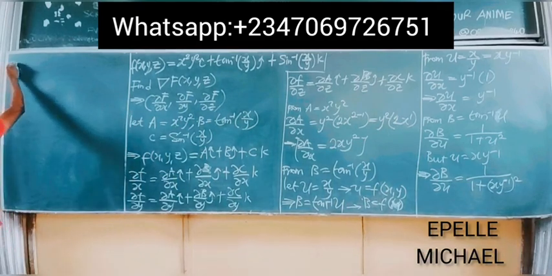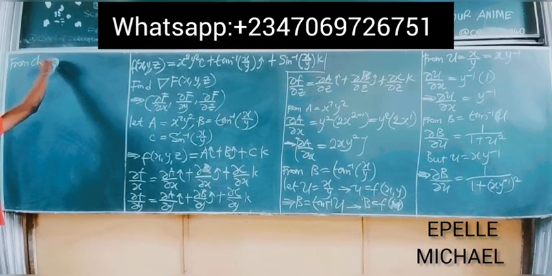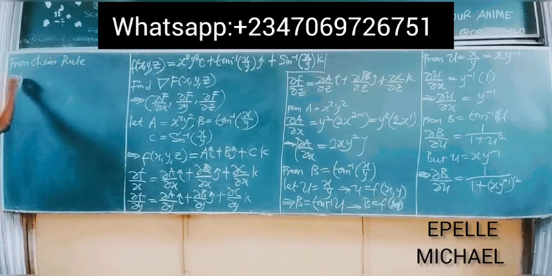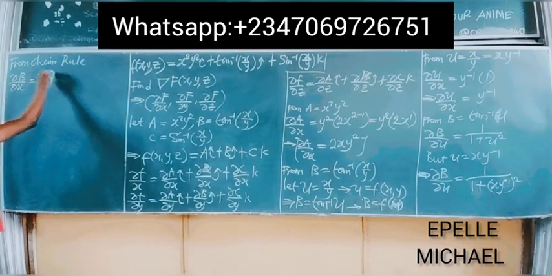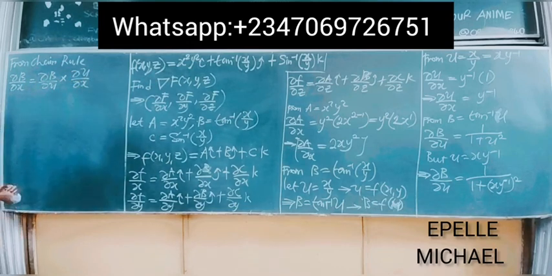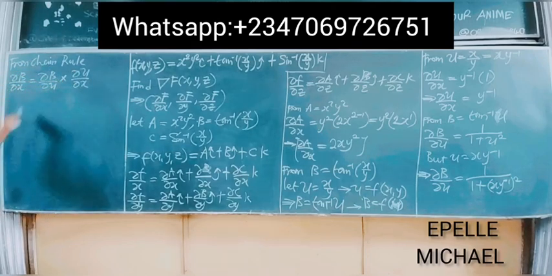So from chain rule, the partial derivative of b with respect to x is partial b with respect to u multiplied by partial u with respect to x. So from here, partial u can cancel partial u. You're simply left with partial b all over partial x. And we've gotten these derivatives, we simply multiply them together.